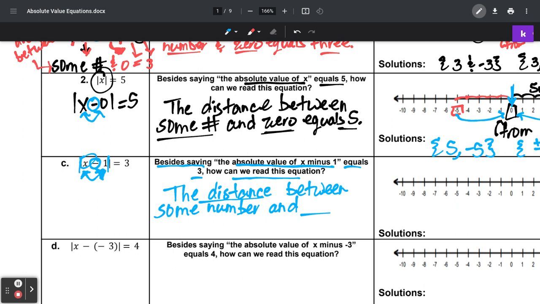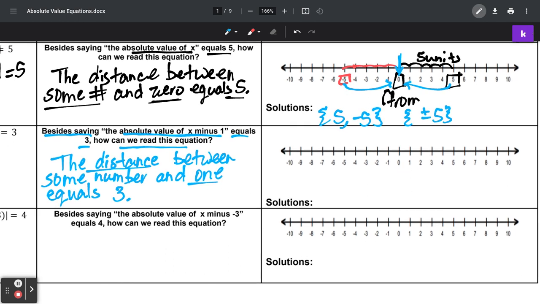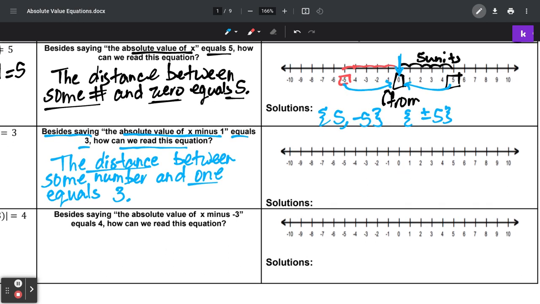Okay, or some number and 1. And what does it equal? It equals 3. Now, if you look at the graph, instead of trying to figure out what number is 3 units from 0, I'm trying to figure out what number is 3 units from 1. So we're going to go to this one.